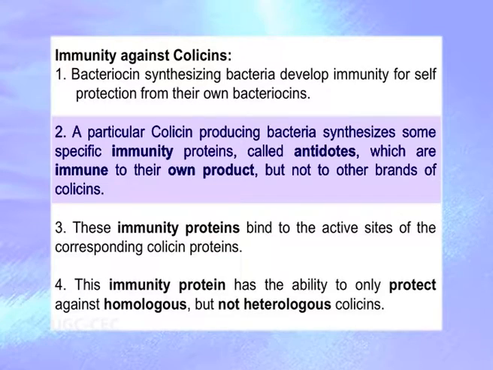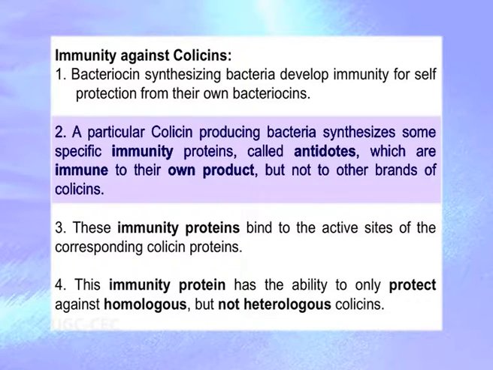Ma'am, how do the bacteria protect themselves from their own bacteriocin? This is a very interesting question, as they need to synthesize certain proteins to protect themselves from the toxic effect of the toxins that they are producing. So we have seen a particular colicin producing bacteria synthesize some specific immunity proteins.